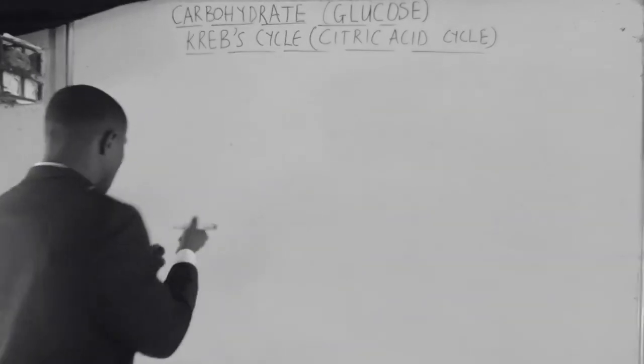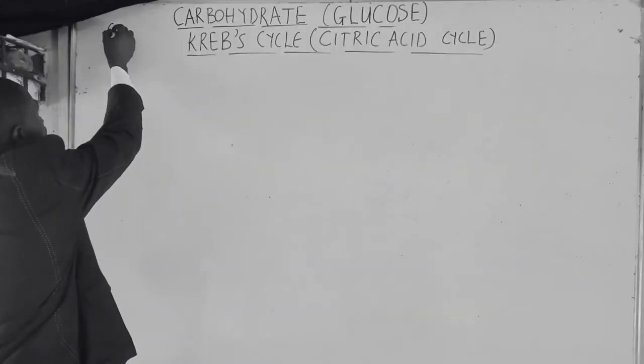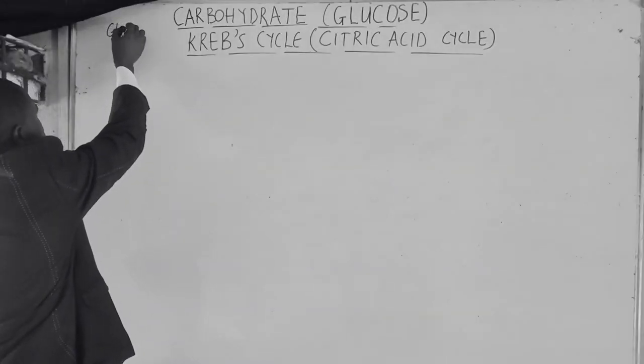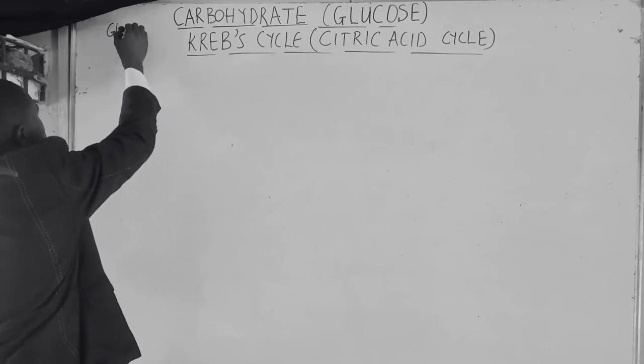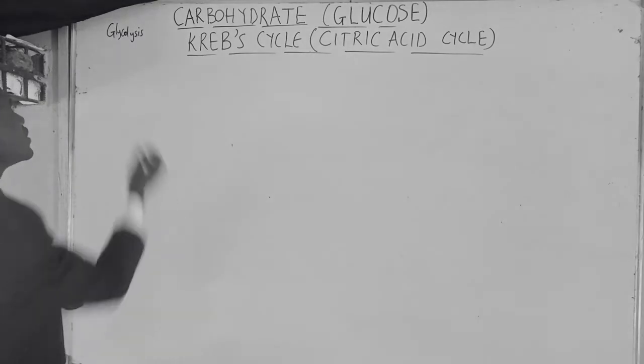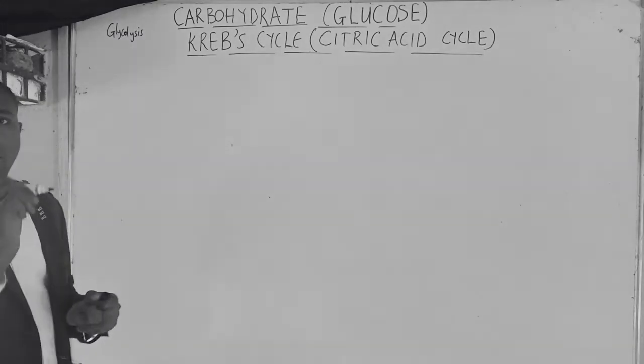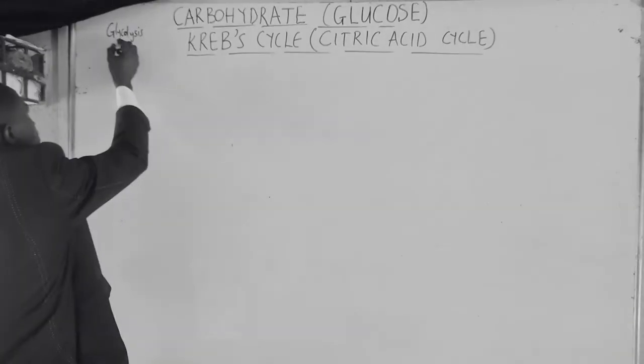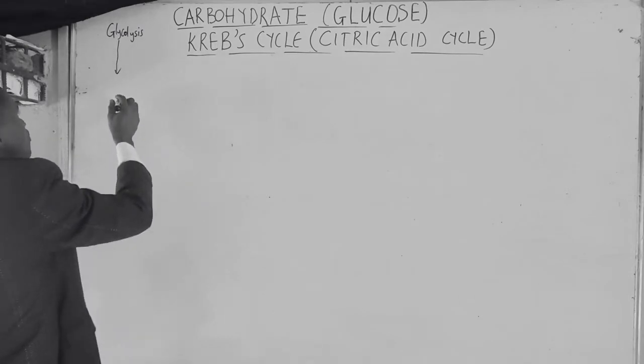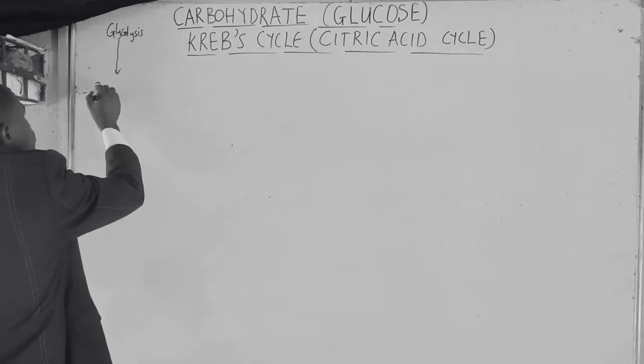And we summarize it this way. From glycolysis, the 1 molecule of glucose will be broken down to pyruvate, 2 molecules of pyruvate.